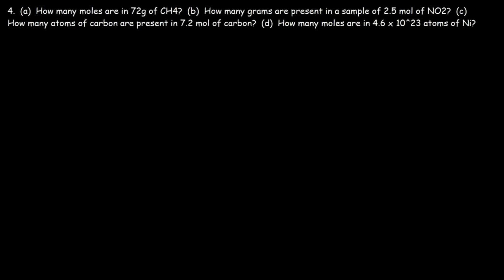Now let's move on to the last part of this question. How many moles are in 4.6 times 10 to the 23 atoms of nickel? So let's start with the information that we're given. Let me write atoms of nickel. When you're converting, there's 3 things that you need.